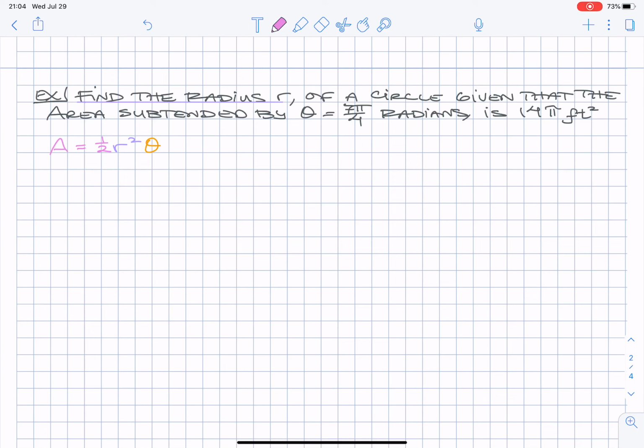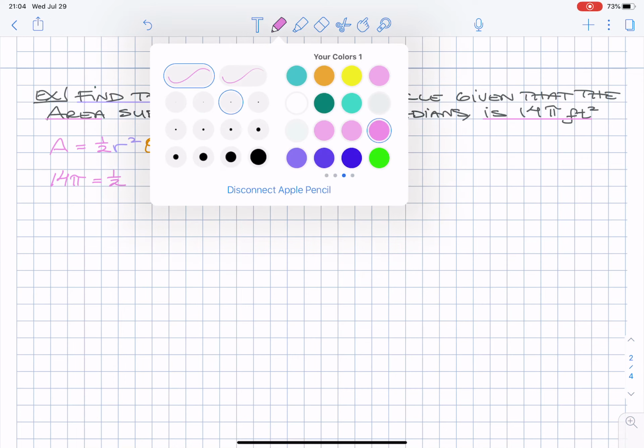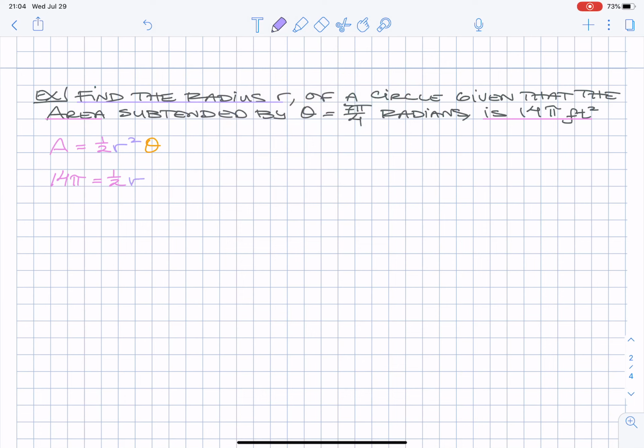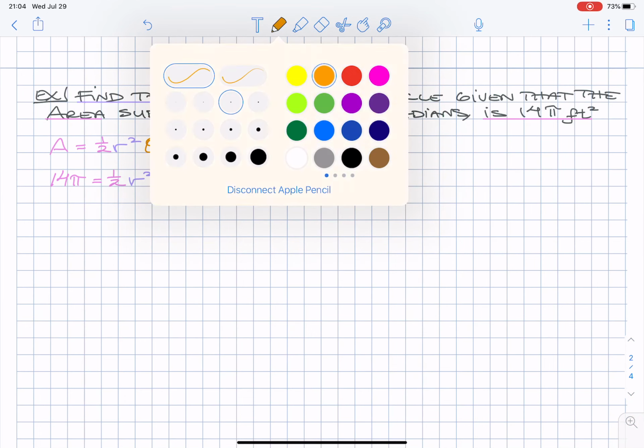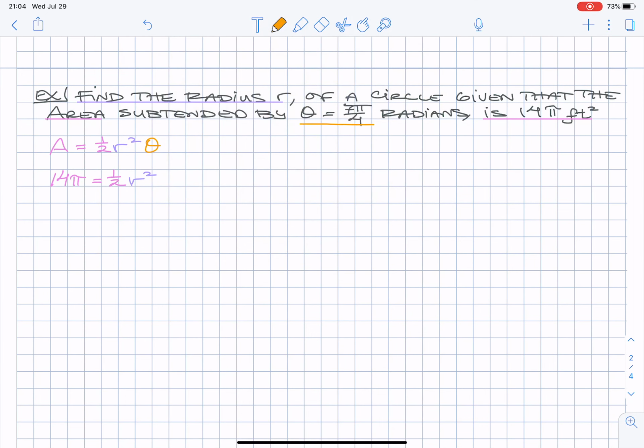But the area is 14 pi square feet. So I know I'll have 14 pi for the area. And what was the angle theta in radians? 7 pi over 4.